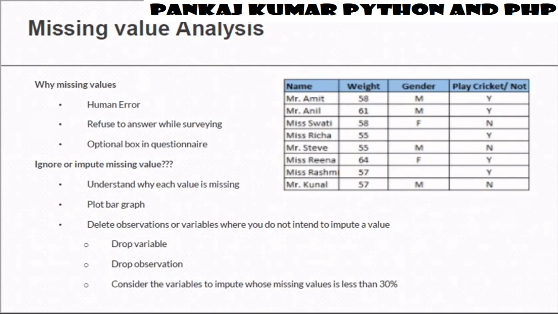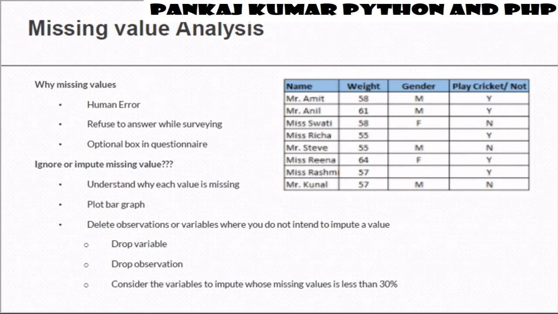First we need to understand why each missing value was created, and then understand the amount or percentage of missing values in each variable. We can use graphical tools to plot the percentage of missing values in the data. Why do we go for a graphical technique? Suppose you have a data set of 1000 observations, and for a particular variable 800 data points are missing.